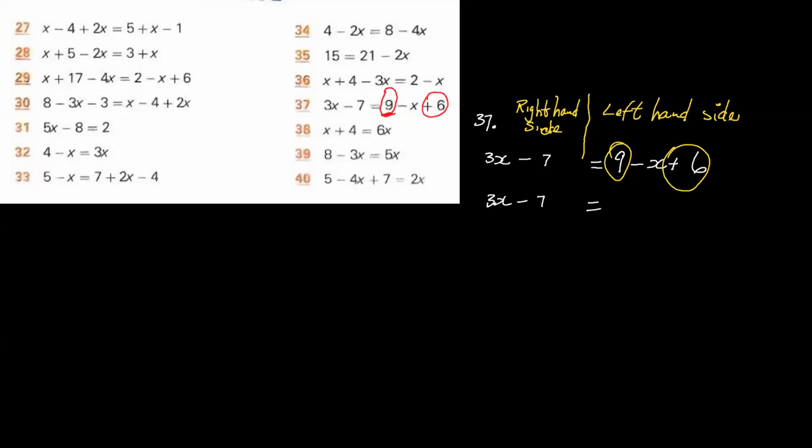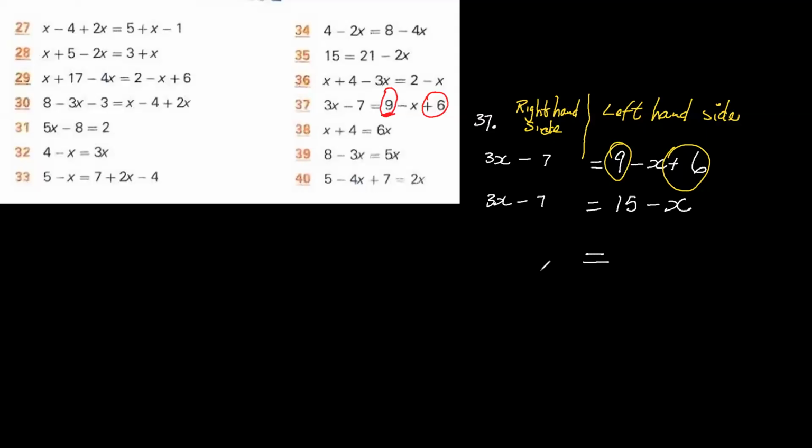Trinity, what would I write if we have to simplify the 9 and the 6? 9 plus 6, 15. It will be 15 minus x. Everybody understands that? Everybody understand what I just did? Yes? All right, next line.